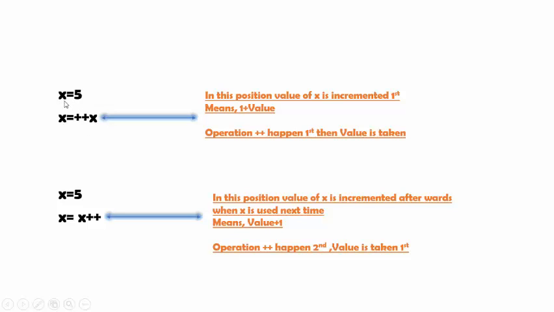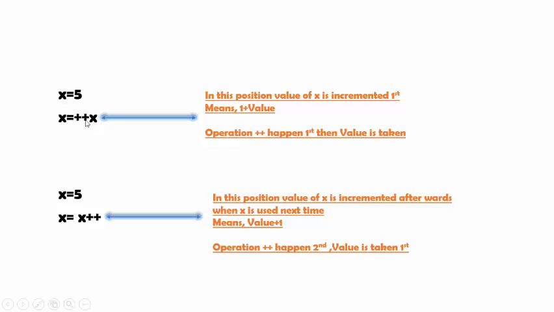Here the value of x is equal to 5, and when we use pre-increment, that is plus plus x, what is the logical concept in plus plus x? There are two operations, one is the plus plus, another is the actual value of that variable.